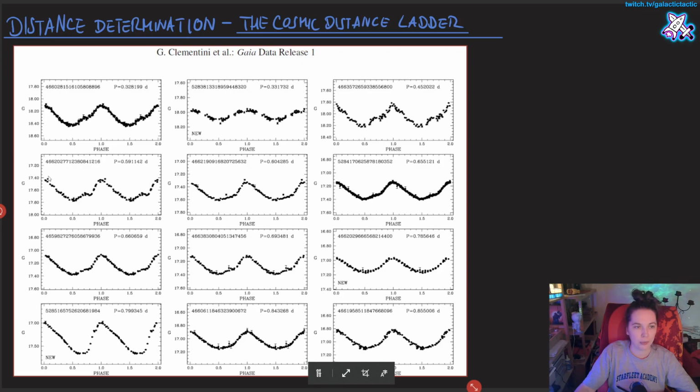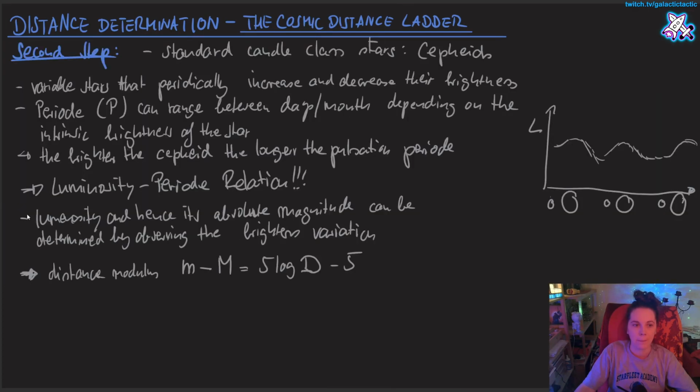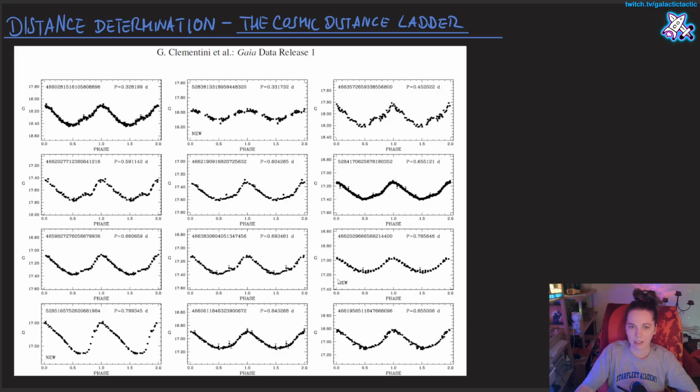Here we go to even brighter, and down here the last one reaches a magnitude of 16.8 and has the longest period, 0.85. So just as I said, the brighter the Cepheid, the longer the pulsation period, and that's what we can see here in the real data of the Gaia data release.